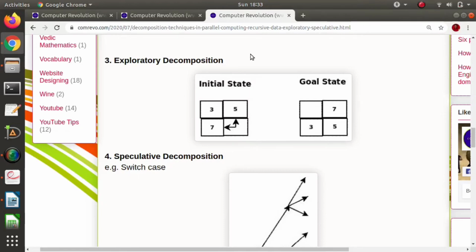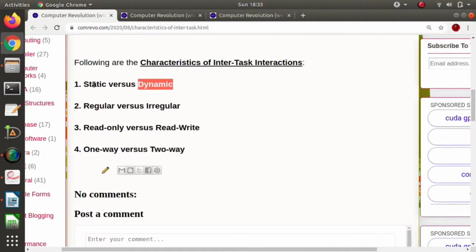So here only at runtime we will come to know how much interaction is done. That's why the puzzle problem is an example of dynamic interaction. So matrix multiplication is an example of static interaction, while the puzzle problem is an example of dynamic interaction.